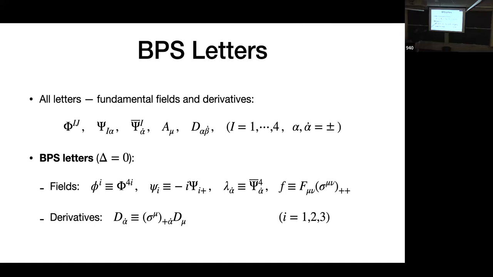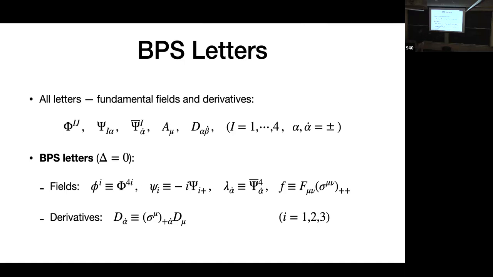The BPS letters are the letters that are BPS, which means they satisfy the delta equals 0 condition. It's a very simple exercise to pick up the set of letters that satisfy delta equals 0. There are 3 scalars, phi I, where the small I here can take value 1, 2, 3.